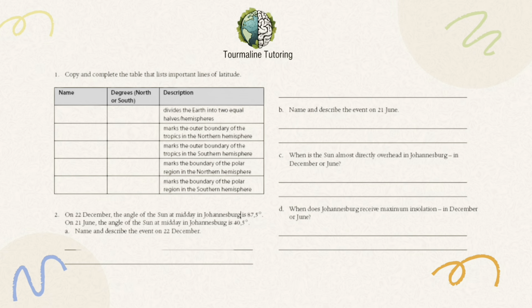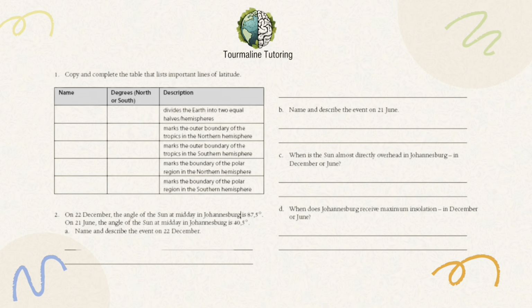And the Tropic of Capricorn is located 23.5 degrees south of the equator. The Arctic Circle is located 66.5 degrees north of the equator. And the Antarctic Circle is the opposite, found 66.5 degrees south. The descriptions are given, so I will not be explaining that.